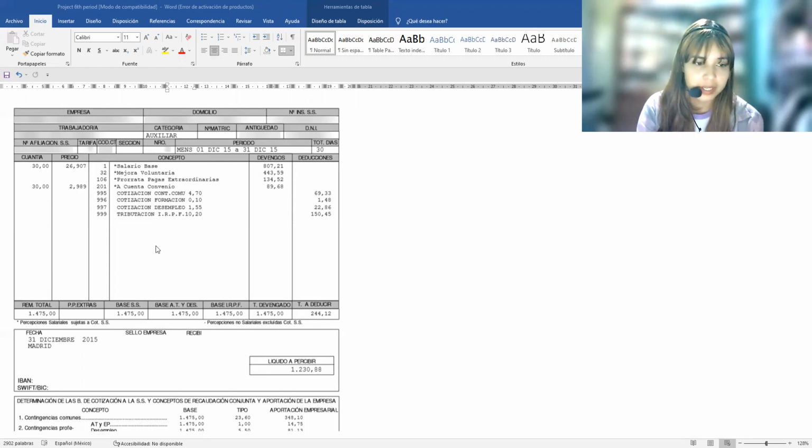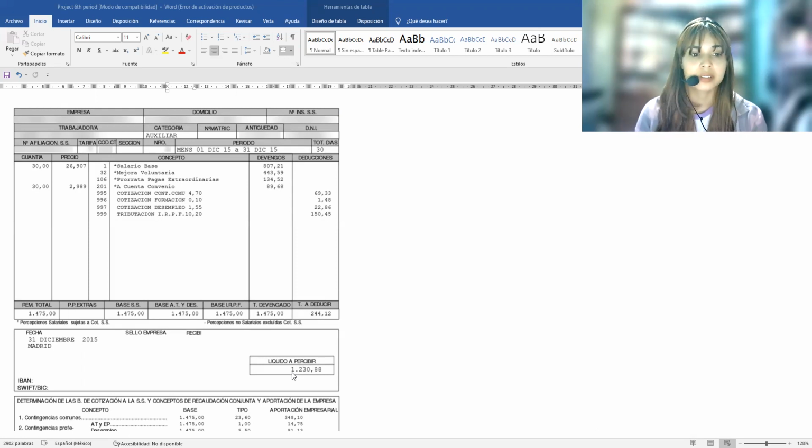But as we see here, there is another amount. But why is the amount to receive going to be less than what it says?